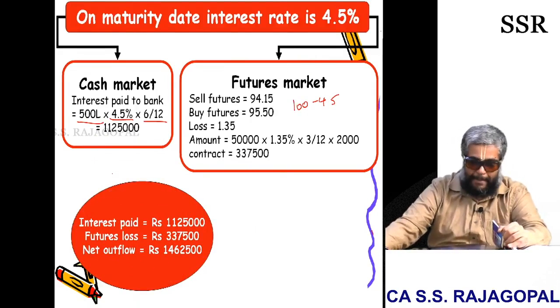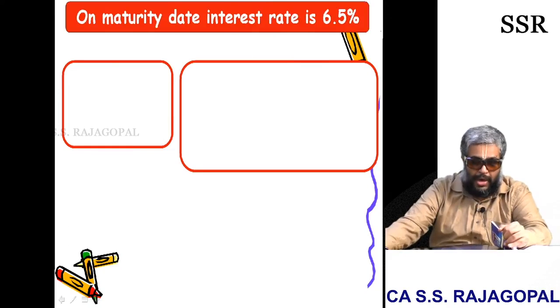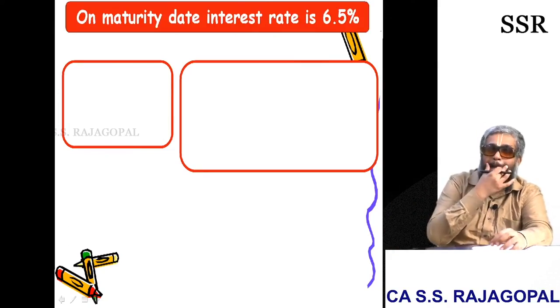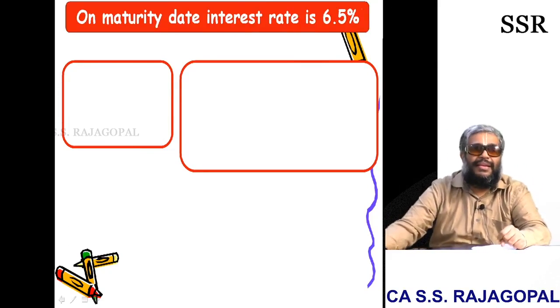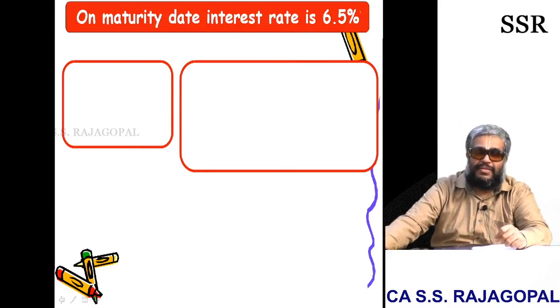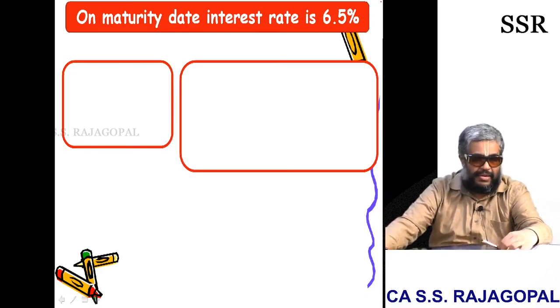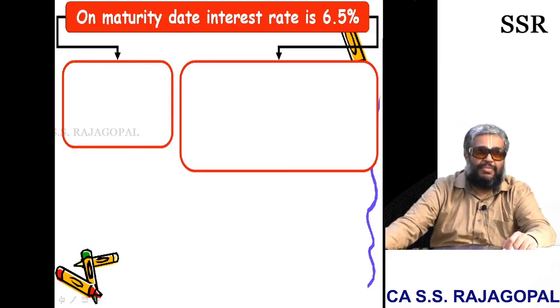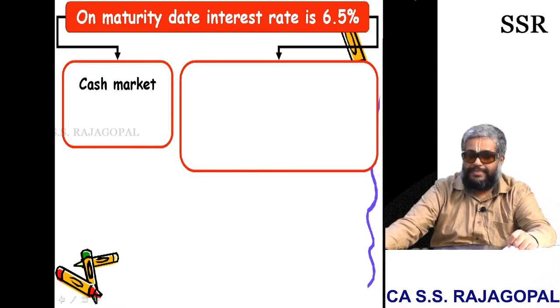Next, step 3. On maturity date, interest is 6.5%. Cash market, futures market.